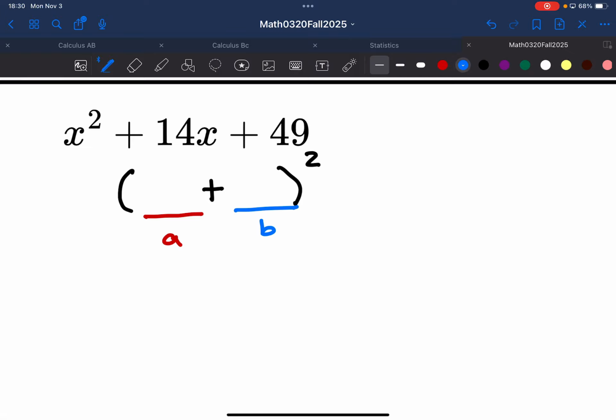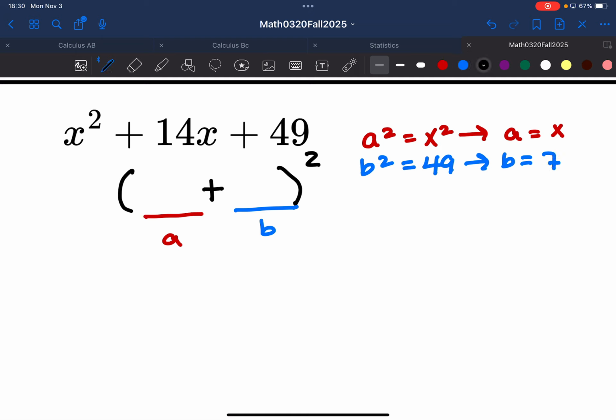And we do the process the exact same way. So a squared is equal to x squared, which means a is equal to x, and b squared is equal to 49, which means b is equal to 7.